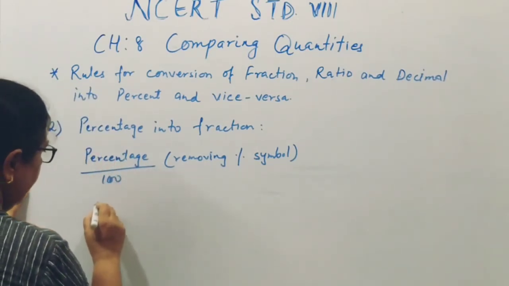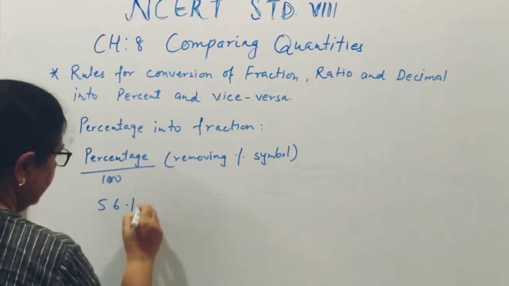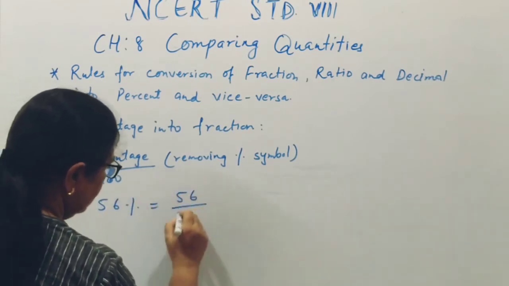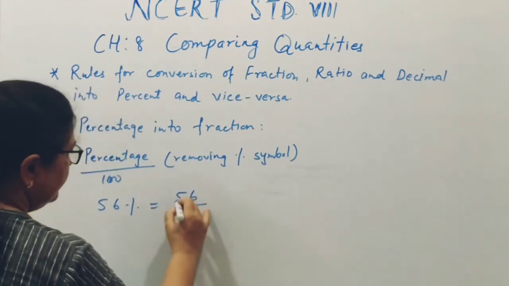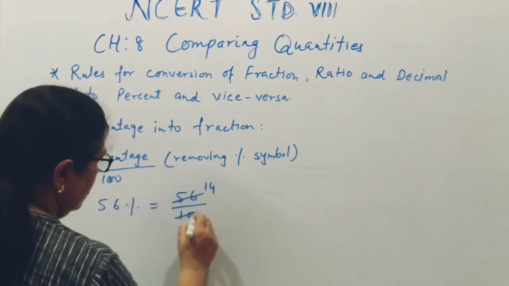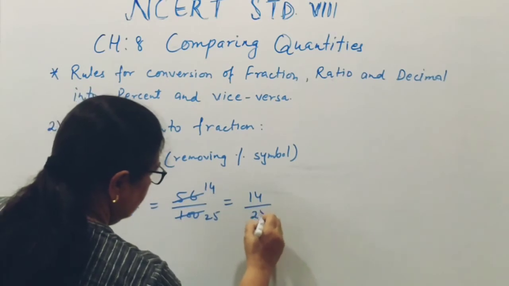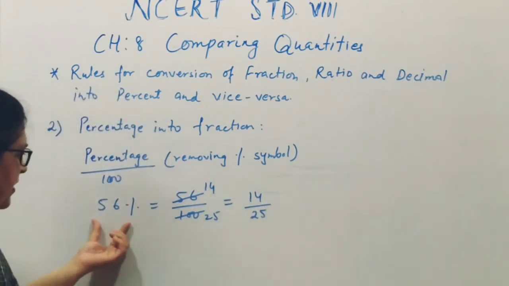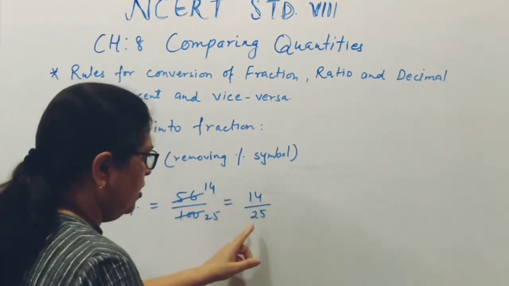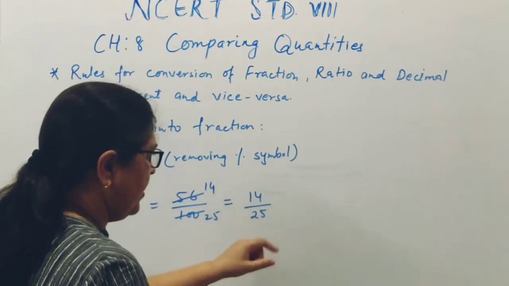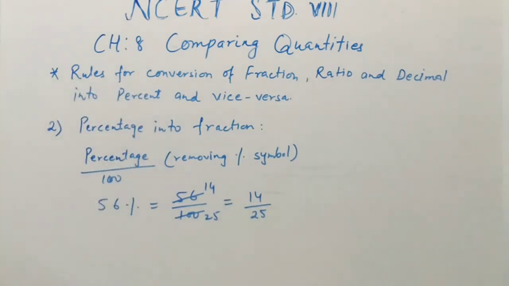For example, we have 56%, so it is 56 upon 100. After cancellation, we get 14 upon 25. So 56% is 14 upon 25 in fractional form.